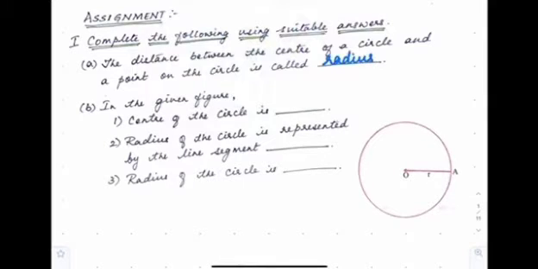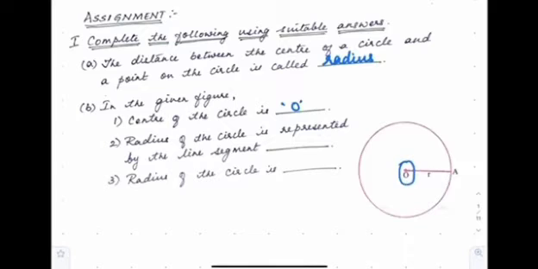Radius. Then, in the figure, which is the center of the circle? All of you can see this. This is the center of the circle. So, O is the center of the circle. Now, the radius of the circle is represented by the line segment.